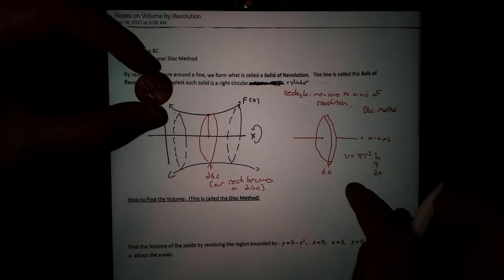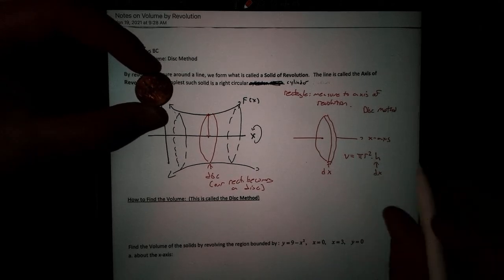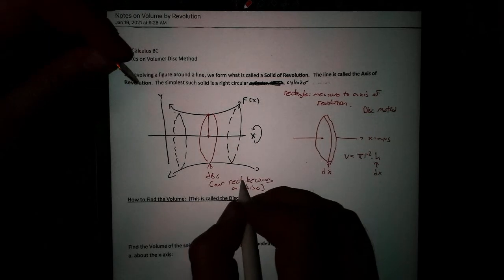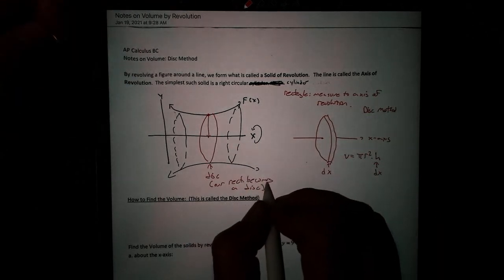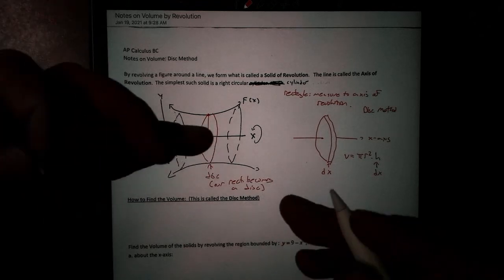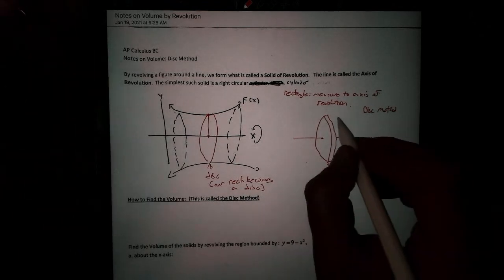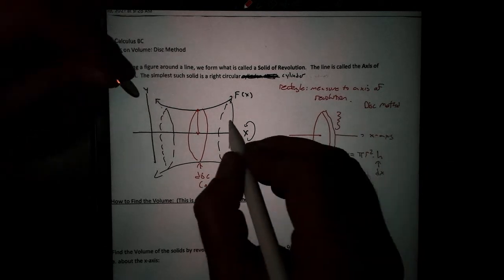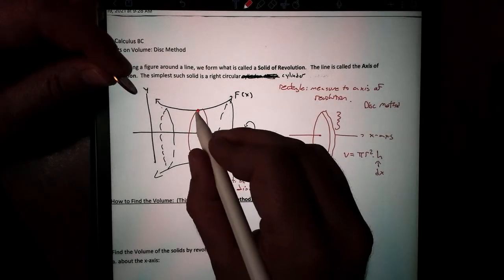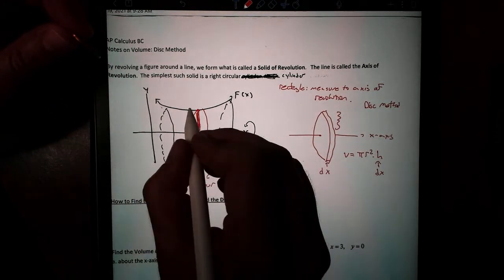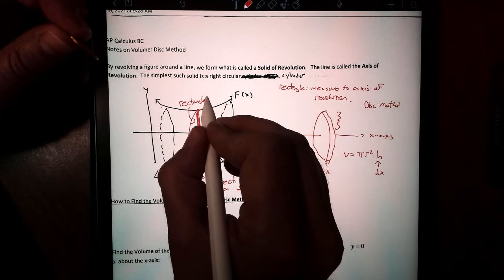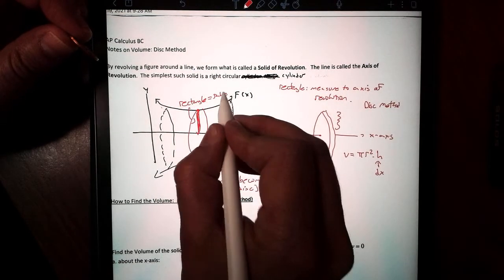So the question next is, well, how do we get our radius? Well, the radius, that's our rectangle. The rectangle becomes a disk. But that height, remember this is my rectangle of mathematics. That's my radius. That rectangle that we used earlier becomes the radius of our disk.